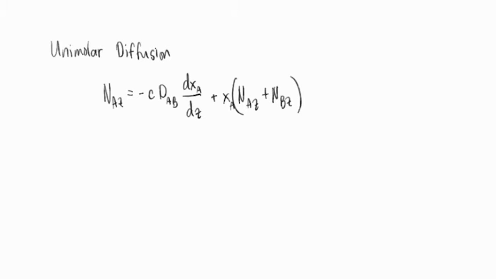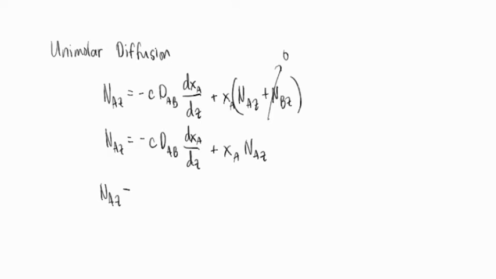If species B is stationary, therefore N_BZ is simply 0, we simply cancel this term and we will be left with N_AZ is equal to negative C D_AB dx_A over dz plus x_A times N_AZ. We can now transpose the second term of the right-hand side of the equation to the left-hand side, giving us N_AZ minus x_A N_AZ is equal to negative C D_AB dx_A over dz.